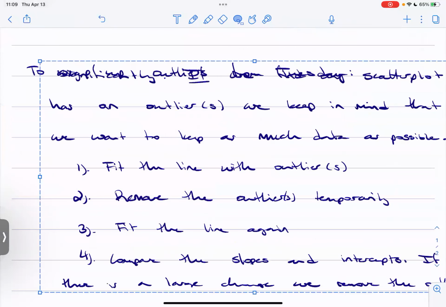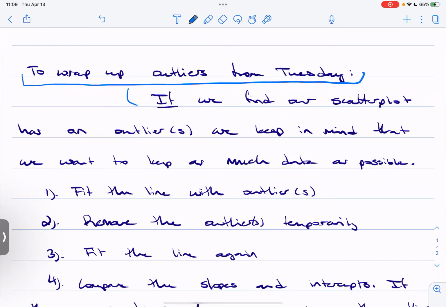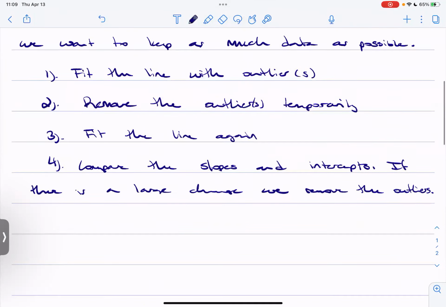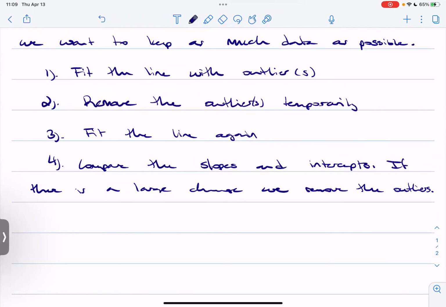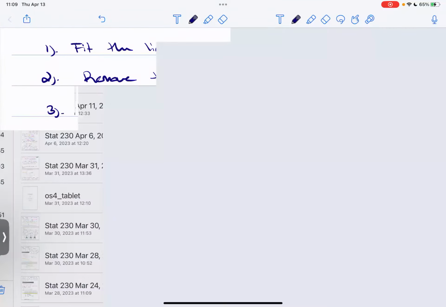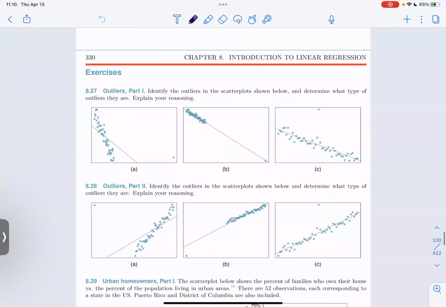Let's see here. So here, this is from Tuesday. Just as a reminder, there was a term called leverage that I want to just introduce, mostly because it's really handy to have.